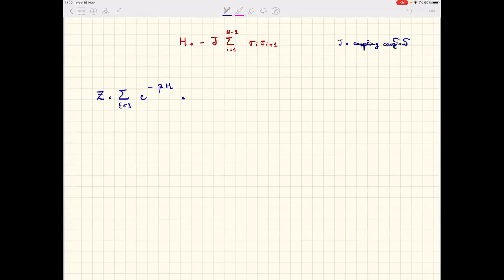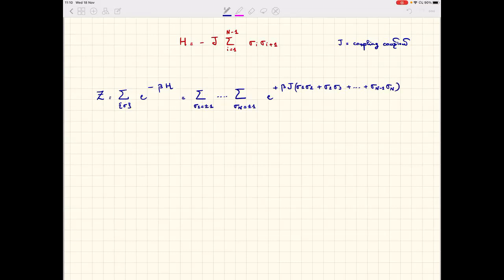So in practice this is the sum over sigma 1 equal to plus or minus 1, up to the sum over sigma n equal to plus or minus 1, of e to the beta J, sigma 1 sigma 2 plus sigma 2 sigma 3 plus, etc., sigma n minus 1 sigma n.